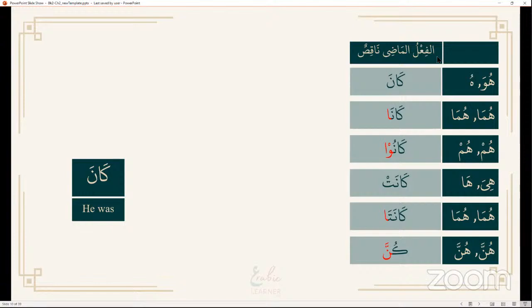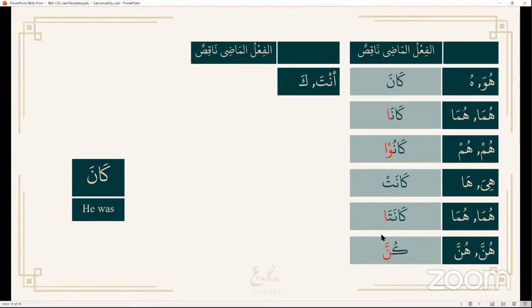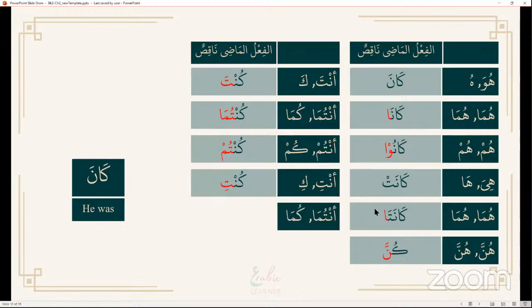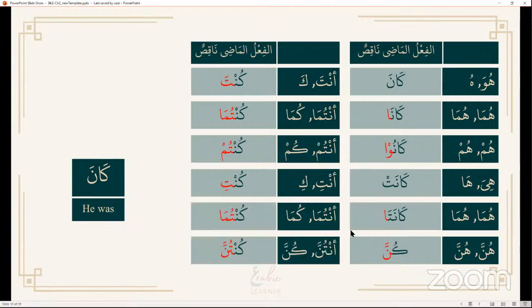For the time being, you just know that with the hunna version, it will be kunna. Now for anta, it will be kunta. Antuma, kuntuma. Antum, kuntum. Anti, kunti. Antuma, again kuntuma. Then antunna, kuntunna.